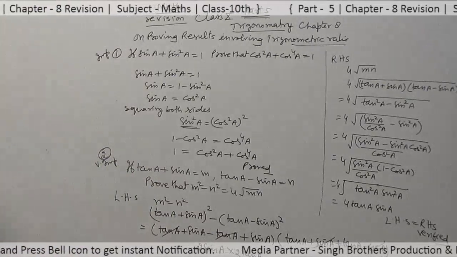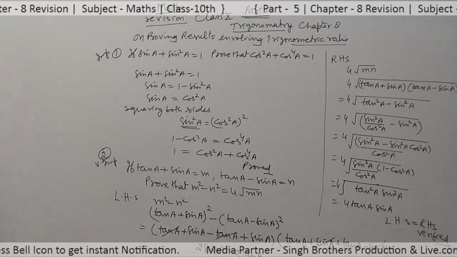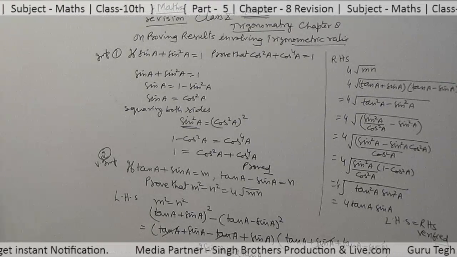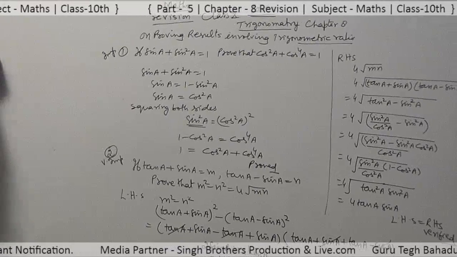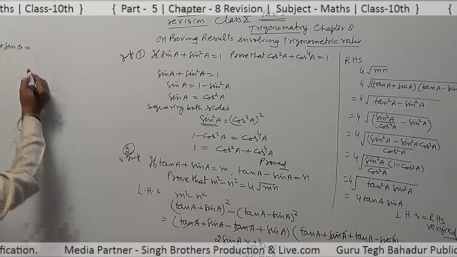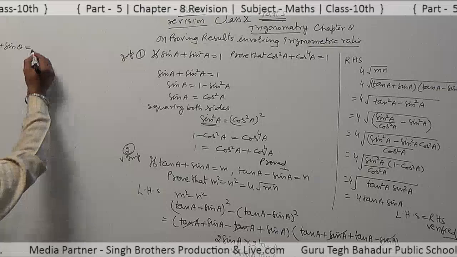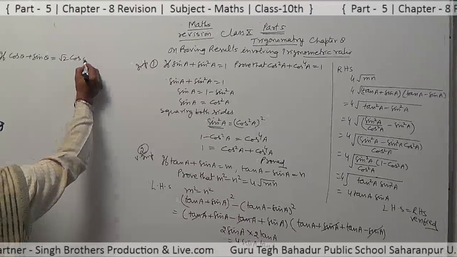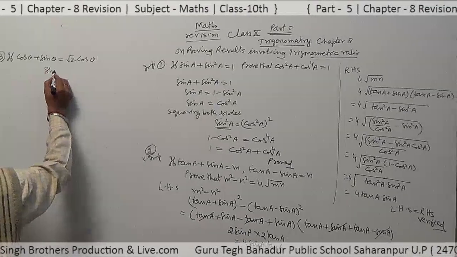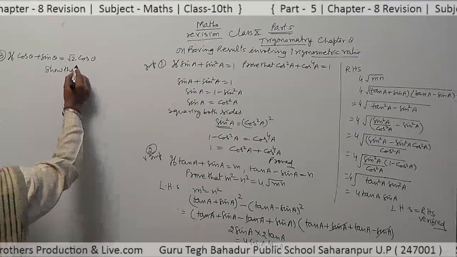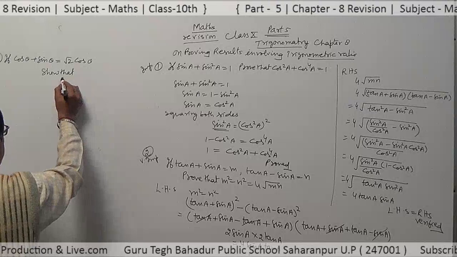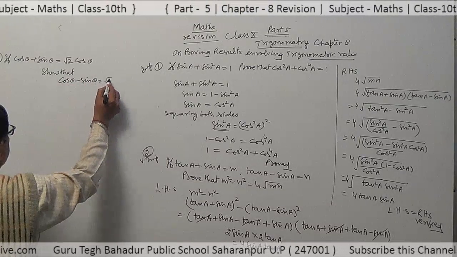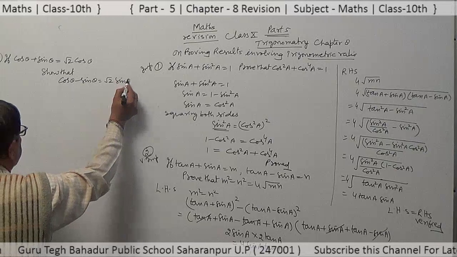Now see the third question. If cos theta plus sin theta is equal to root 2 cos theta, show that cos theta minus sin theta is equal to root 2 sin theta.